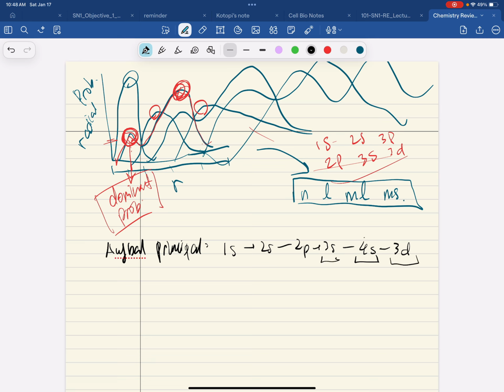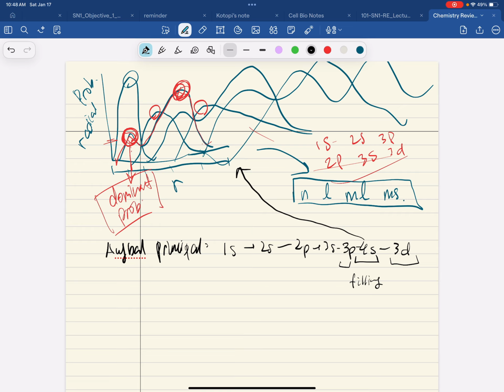This is explained from these graphs, but you just need to memorize it. So after 3p is always 4s in the filling order, and that's just the order you have to memorize.